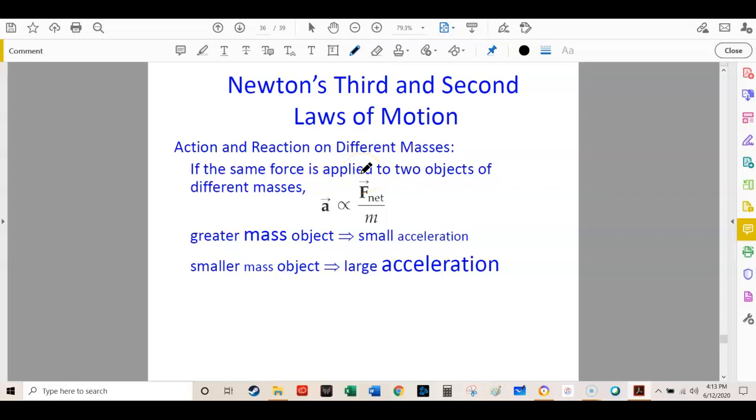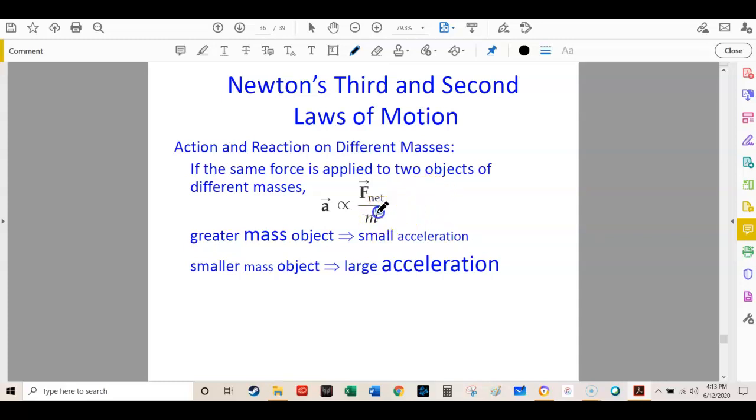So there's a set of problems where you have to integrate the third law with the second law. We're going to be applying Newton's third law to show that forces are equal and opposite, so we're going to be doing tug-of-war problems, but we're going to be explaining the reason why people accelerate more when you're in a tug-of-war with an elephant, even though the forces are equal and opposite.